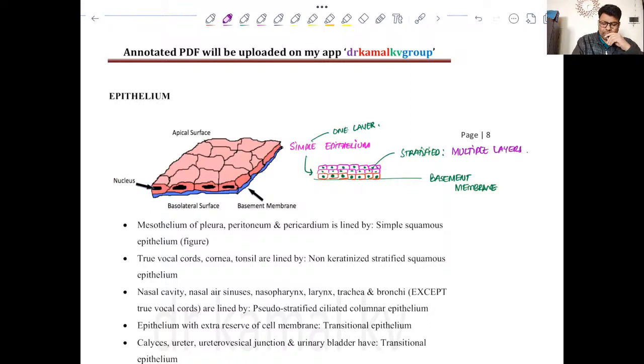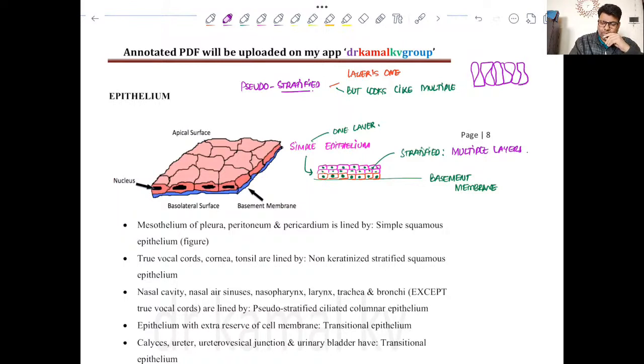Now there is one term, pseudo-stratified. It means the layer is one but looks like multiple. Clear? So this is pseudo-stratified, and usually the cells are like this, and as a result of this the nuclei are at different levels.